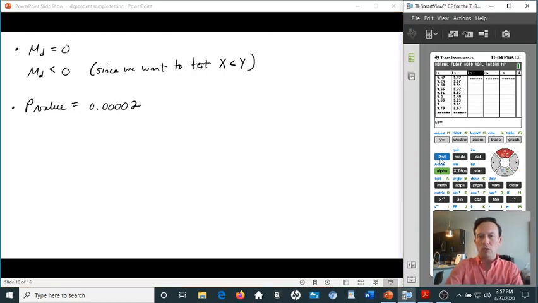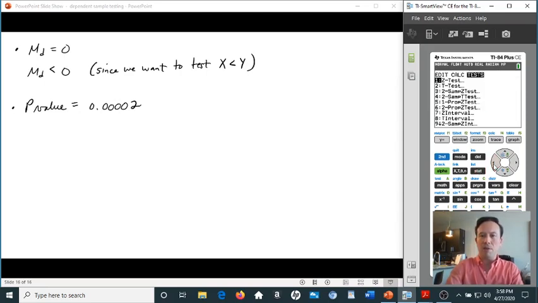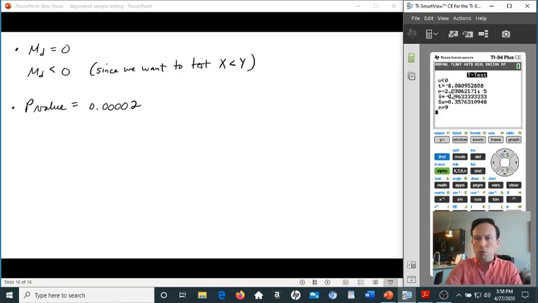You'd have to do, just as before, second 1 minus second 2 for your list 3. So there are the differences. Then we do STAT, Tests, number 2, 0, list 3, and the less than sign, and you hit calculate. And there you go. The p-value there is 2 point something, but look at the end, it has E negative 5.